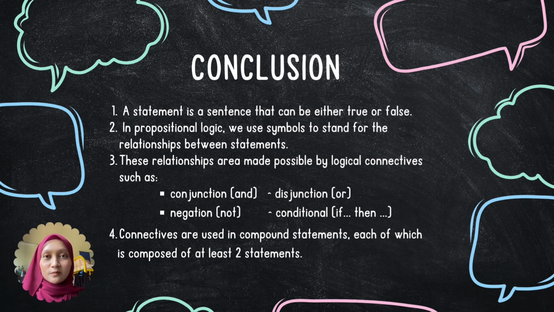These relationships are established using logical connectives such as conjunction, disjunction, negation, not, and conditional, if then. Logical connectives are essential in forming compound statements which consist of at least two individual statements.